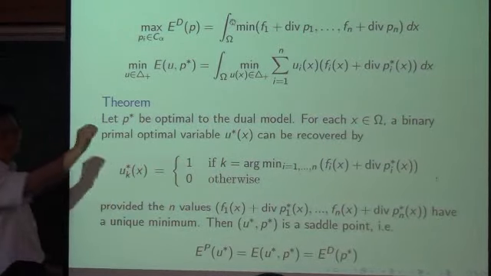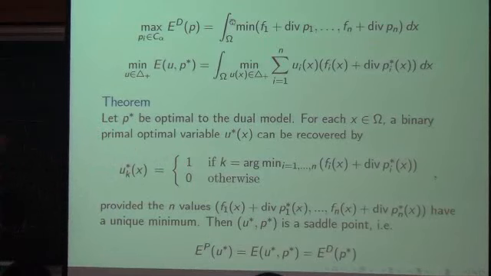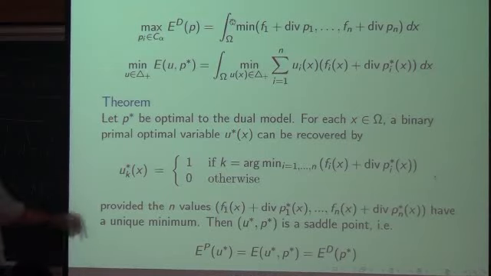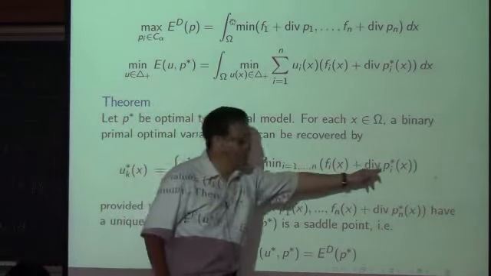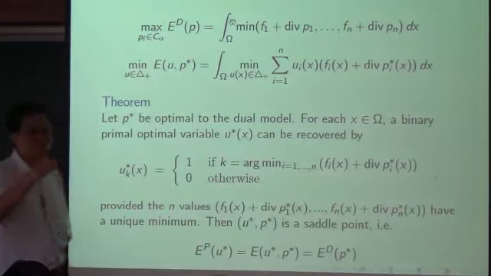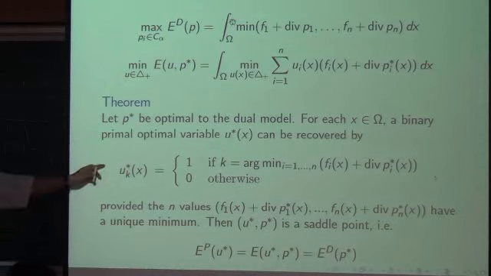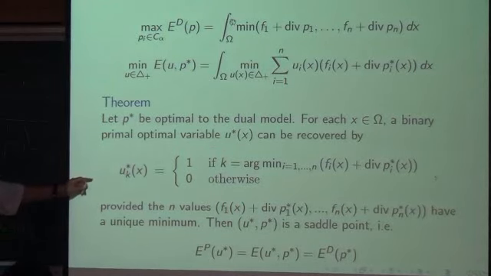So at that point you have a unique label; that point must be labeled K. At another point, if the tenth label has the smallest value, that point must be labeled 10. So essentially it depends on which one is the smallest; it determines the unique label you should have. And this is the way we determine the labels.